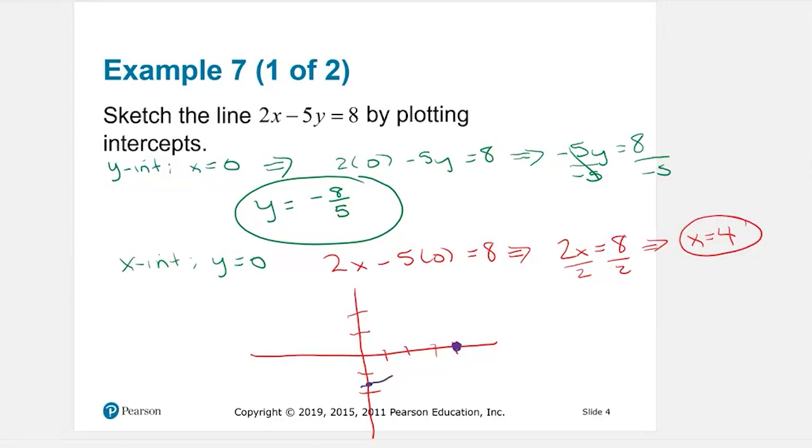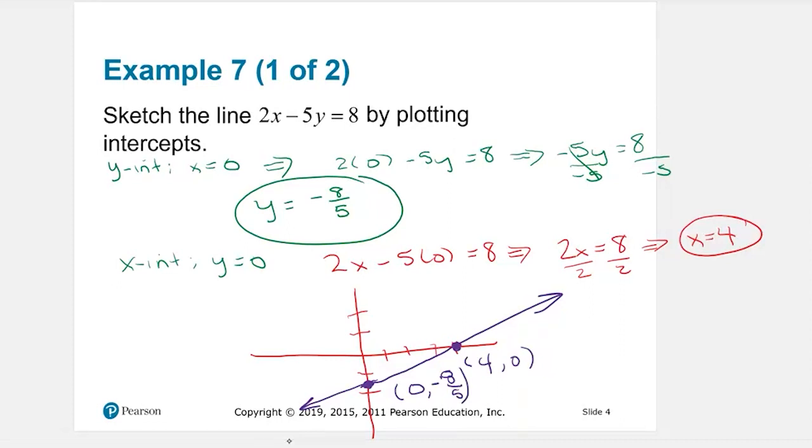And then now that's my line. So sketch the line by plotting intercepts. I've plotted my two intercepts. I have 4, 0, and I have here 0, -8/5. And that's how you do it.